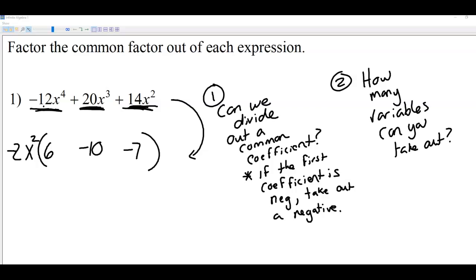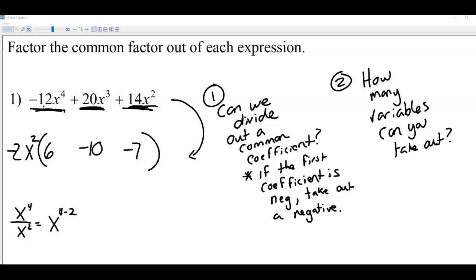Now, I'm going to divide this by x squared to find out how many x's are left. What's x to the 4th divided by x squared? It's x squared. Now, it's not because you're dividing the coefficients, it's because you are subtracting the exponents.